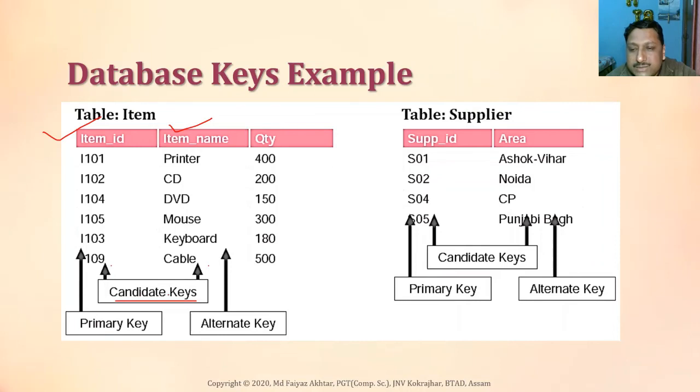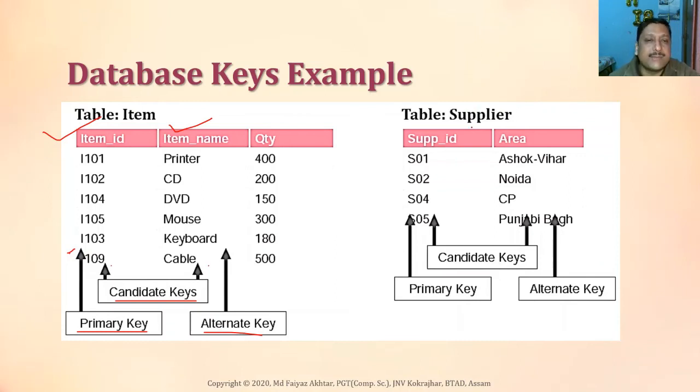From these two candidate keys, one is considered as primary key. Item ID is considered as primary key. Then the remaining candidate key, item name, becomes the alternate key, because it does not become the primary key.